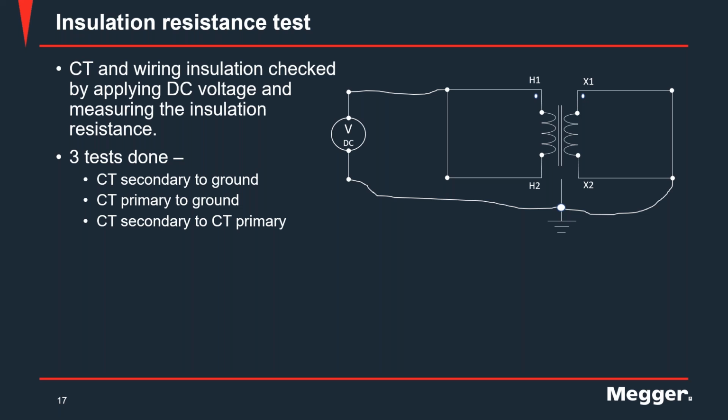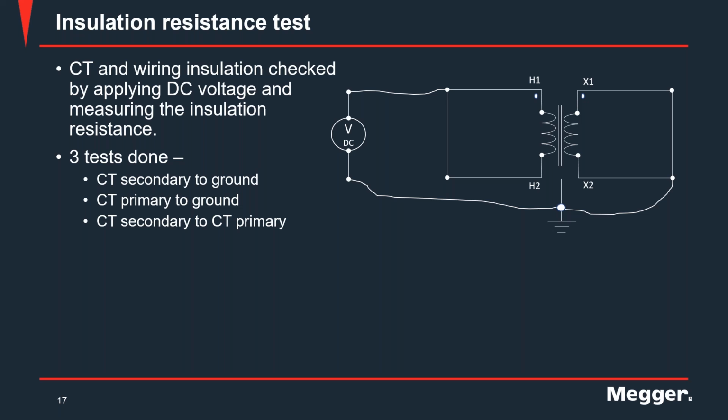In the diagram that Sanket is showing, you notice the primary of the CT is shorted, and the source that you use for the test is connected between the primary and the ground point, which is shorted to the secondary. So right in this diagram, we're testing primary to ground. Why do we do the test like that? It's just easier for troubleshooting.